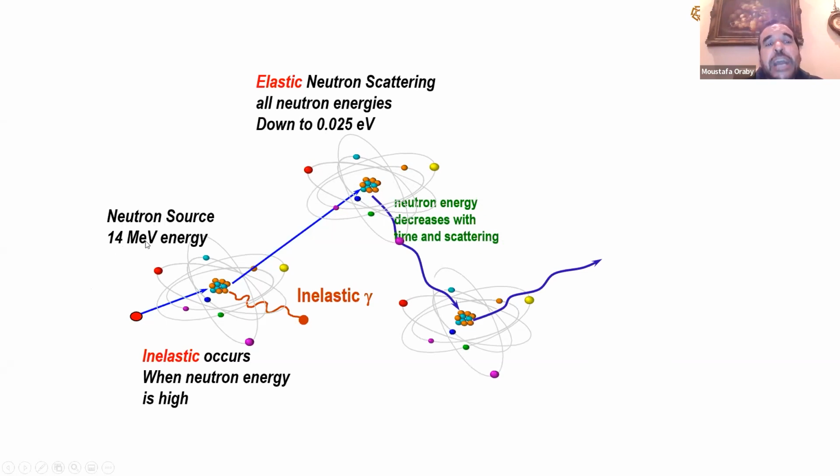To the level not of mega electron volt, but a fraction of an electron volt, even a single electron volt or less.